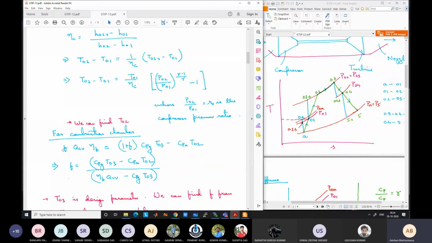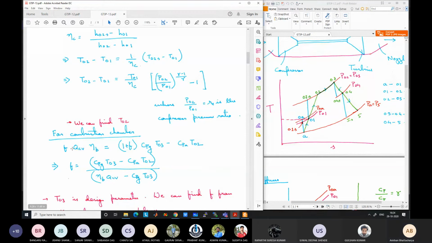If air is equal to 1, fuel is equal to F. So F into calorific value of fuel, into combustion efficiency, gives us the actual amount of energy that is getting converted to the energy of the air. The 100% of the calorific value cannot be used for increasing the temperature of the air. Around 98-99% of it is used. That is given by the combustion efficiency, eta B.